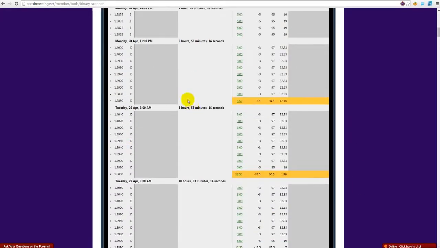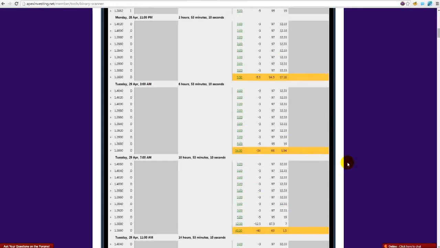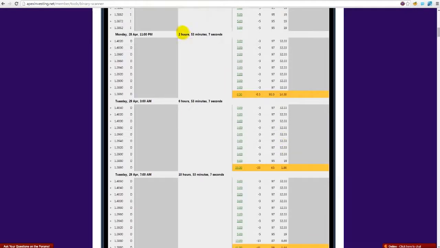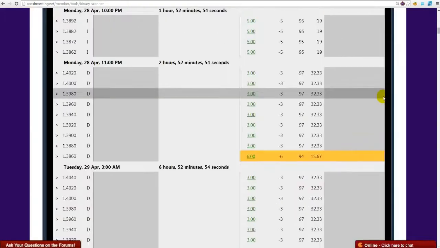If we start looking at the further out expirations on the contracts, I want you to notice right here, there's a 4-hour difference in these, 11 and 3 a.m. They're all the 3860 contracts. What is that difference in price?